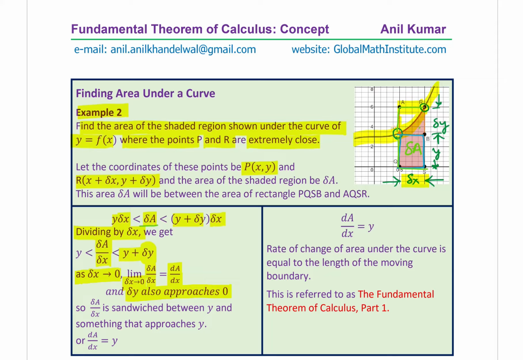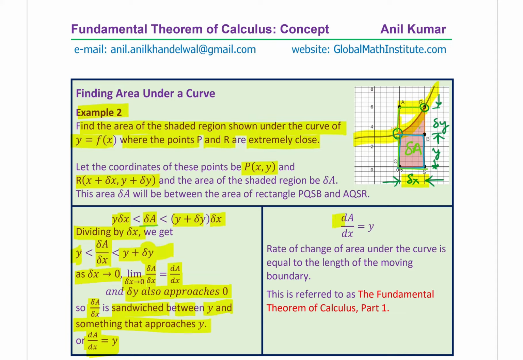So in that case, the right hand side approaches y. So we have dA/dx sandwiched between y on one side and something approaching y on the other side. So from both sides, they are approaching y, and therefore the value of dA/dx will be equal to y.